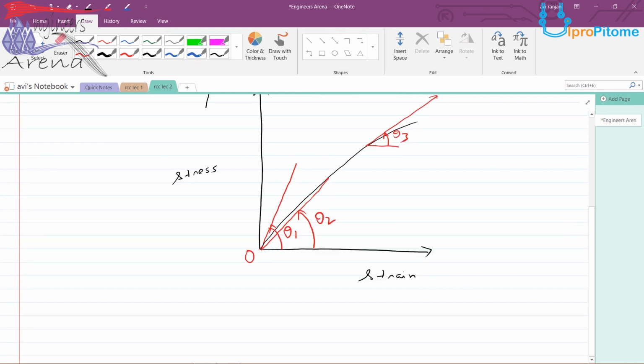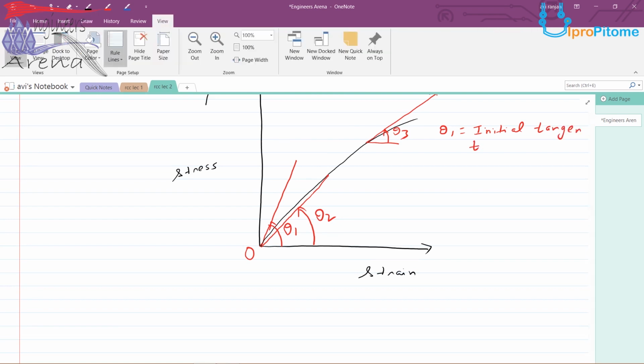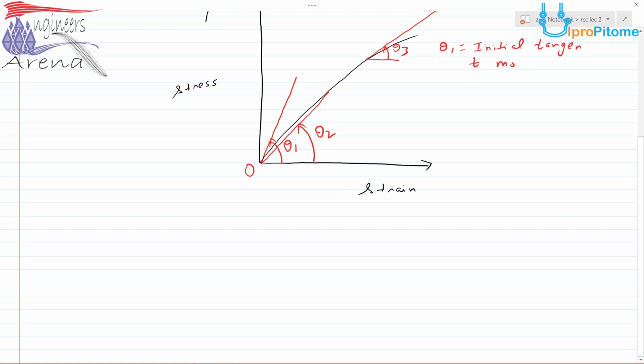Then what is theta1? Theta1 is the initial tangent modulus of concrete. Theta2 is nothing but ES.